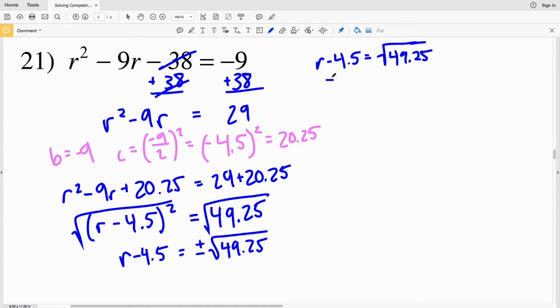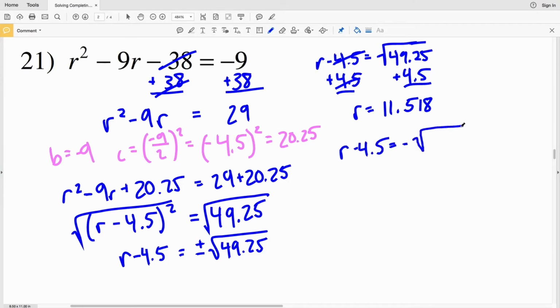So r minus 4.5 equals a positive square root of 49.25. I'll solve that by adding 4.5 to both sides. So taking the square root of 49.25 and adding 4.5, we'll get 11.5178, which on the worksheet they round to 11.517, but I'm going to round up to 11.518. So r equals 11.518, and we're going to see when r minus 4.5 equals negative square root of 49.25.